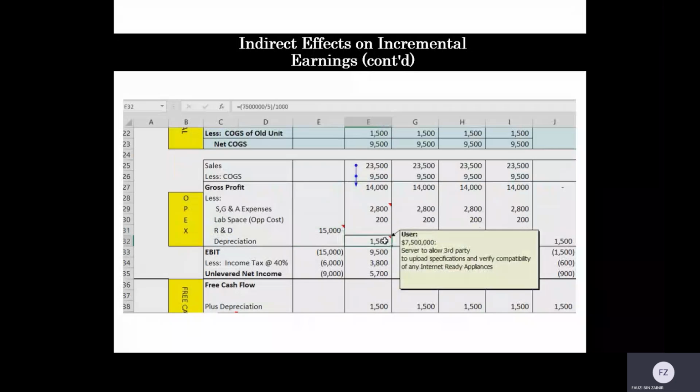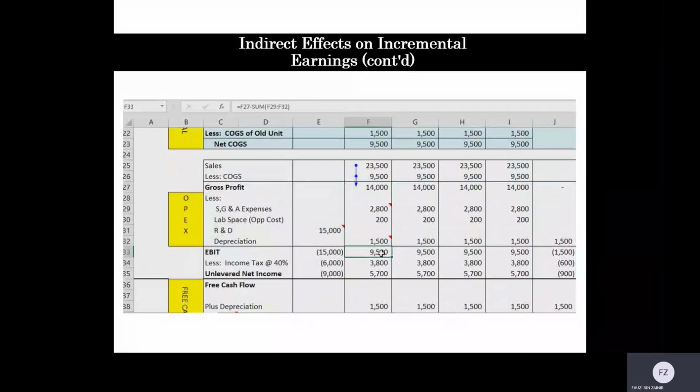The depreciation is still there. Once we tabulate the new figures, we have 9.5 million for the EBIT, and with income tax at 40%, the unlevered net income is 5.7 million. The numbers are the same for year 1 to year 4, except year 5, because we don't have any figures here.